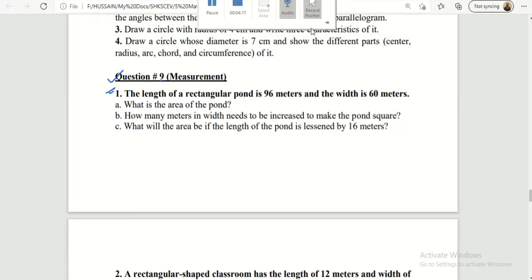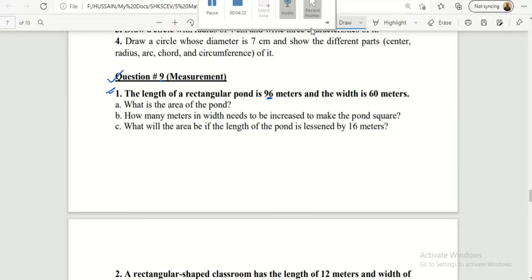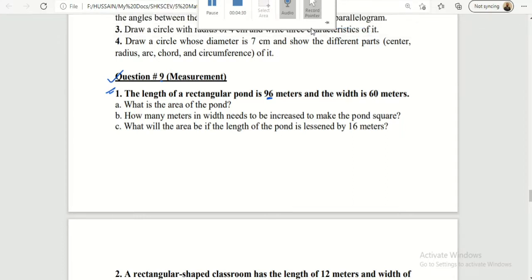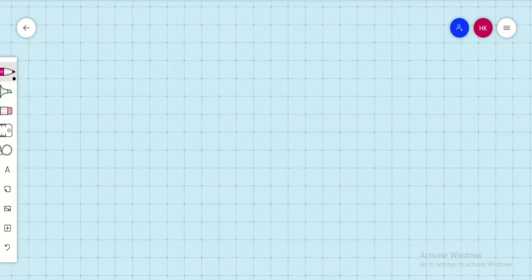So the length of a rectangular pond is 96 meters and width is 60 meters. What is the area of the pond? So we need to find the area. What can we do? Let's do the math. Measurement sheet, CBQ number 1A.